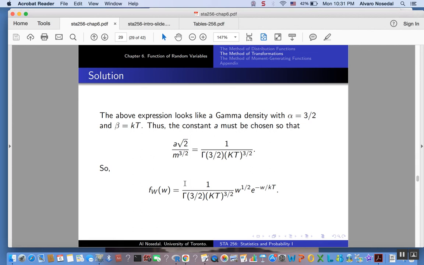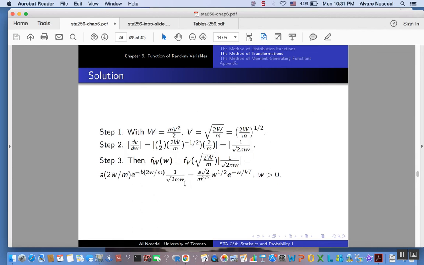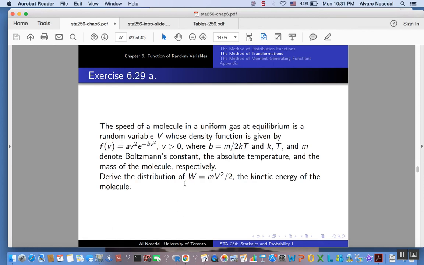Okay? So, bottom line, let's summarize. We had an original random variable v. We were given the PDF over the region where it was different from 0. That PDF will be 0 for negative v's, right?